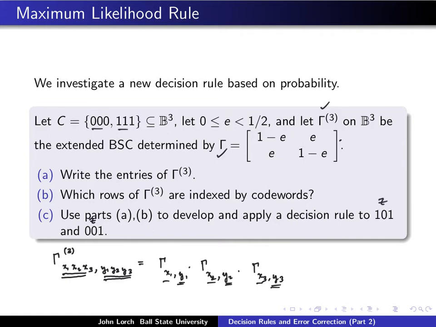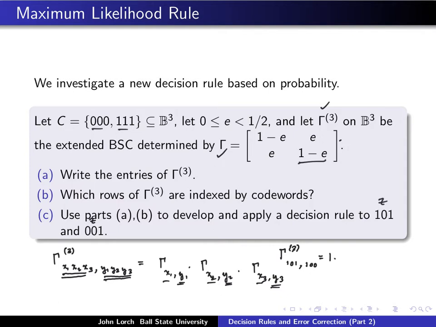So for instance, if we wanted gamma 3 of, say, 101, 100, what would that be? Well, that's first gamma 1, comma 1, right? So that's the probability of output 1 given input 1, and that would be 1 minus e.